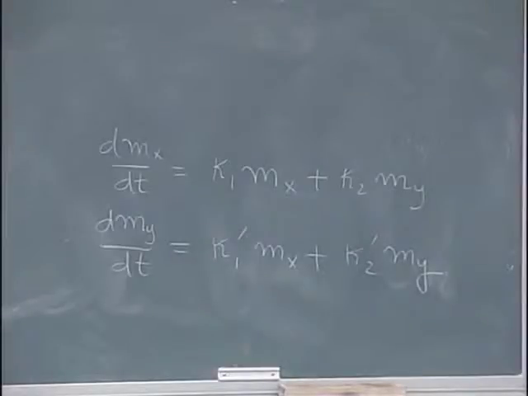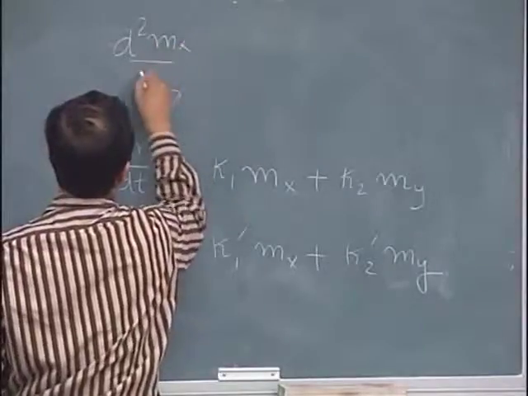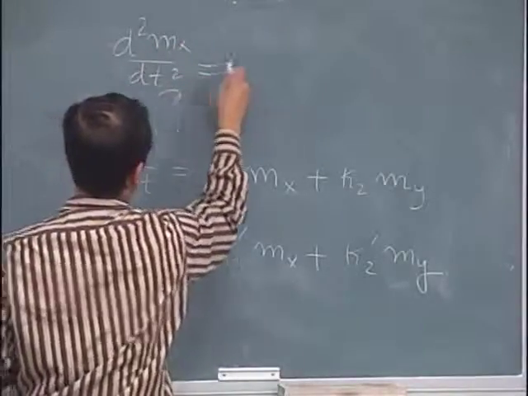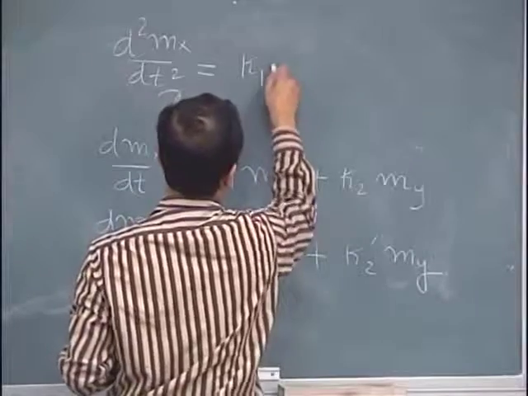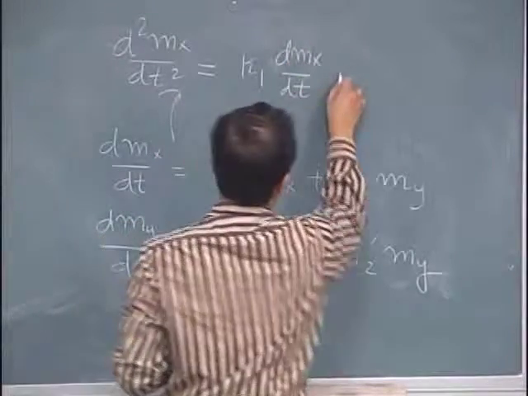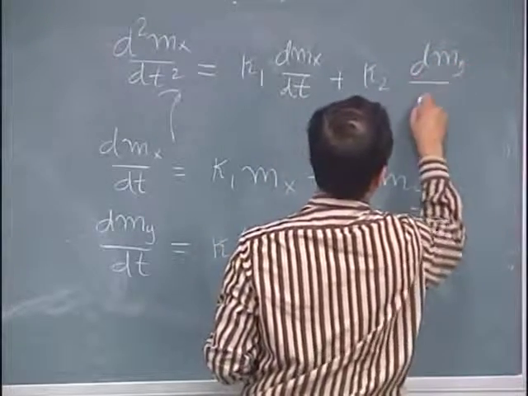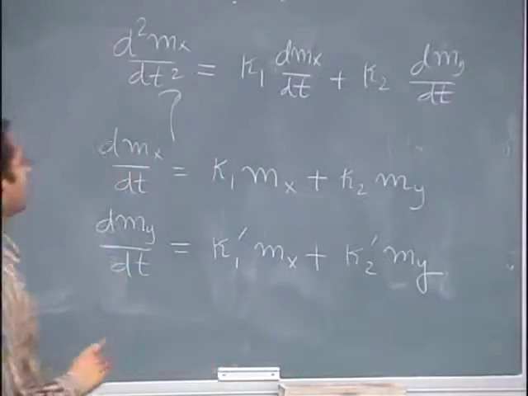No? So in this case, suppose I differentiate one more time, I get d2mx dt2 equals k1 dmx dt plus k2 dmy dt.